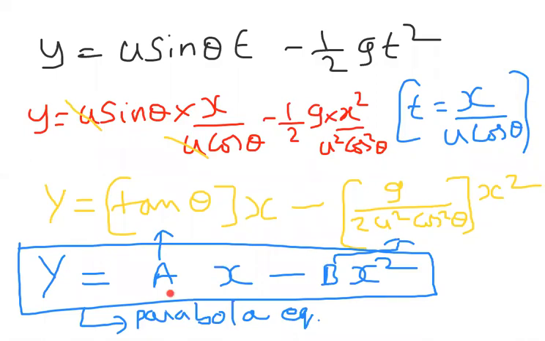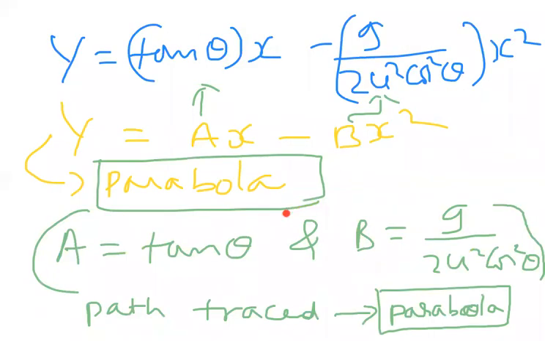I can write it as y equal to ax minus bx square. This equation clearly says x square term is there, so it is a parabola equation. Already explained how to draw the parabola graphs. So we decided it is a parabola.